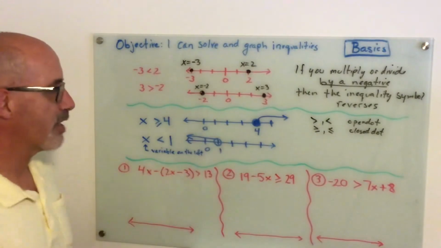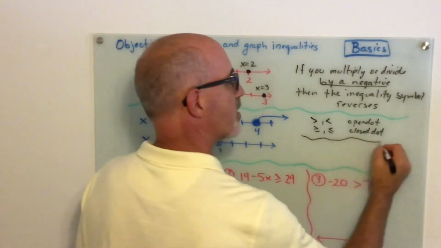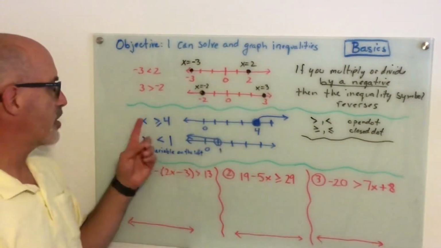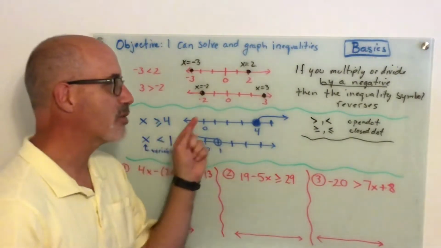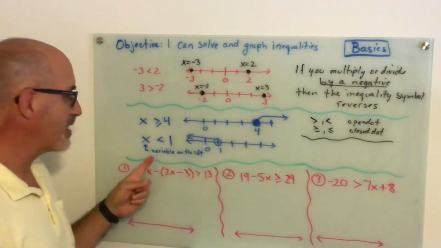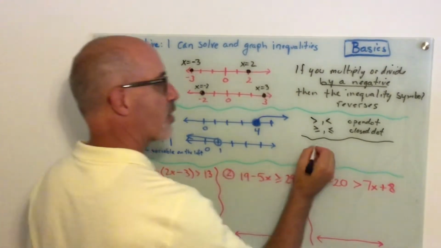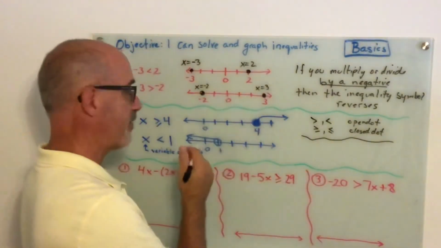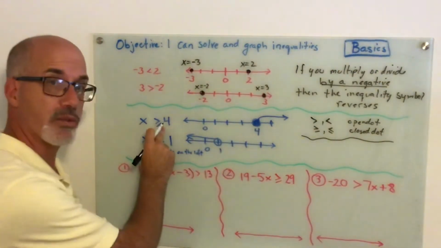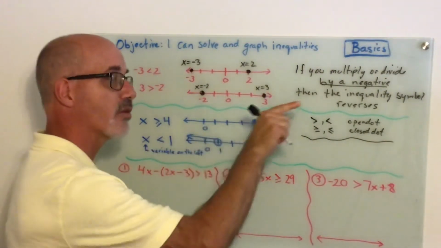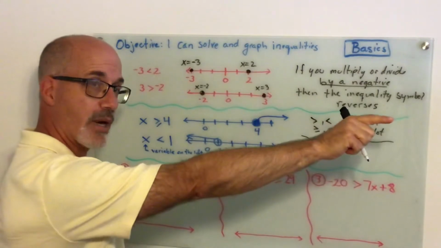The next part that you need to know about these is the direction. Greater than means we're going to go to the right. That's if the variable is on the left-hand side. So when we have the variable on the left, if we have a greater than or equal to, or a greater than, you shade to the right-hand side.